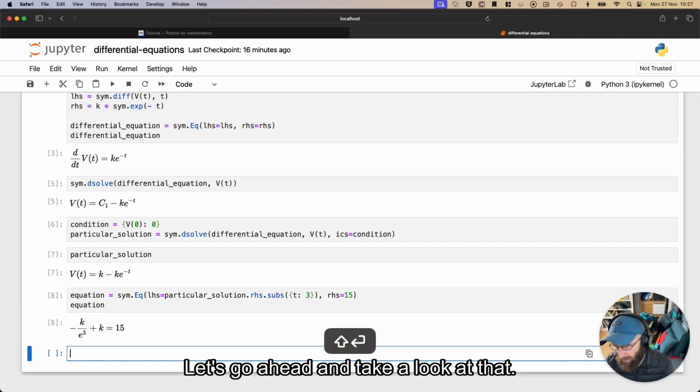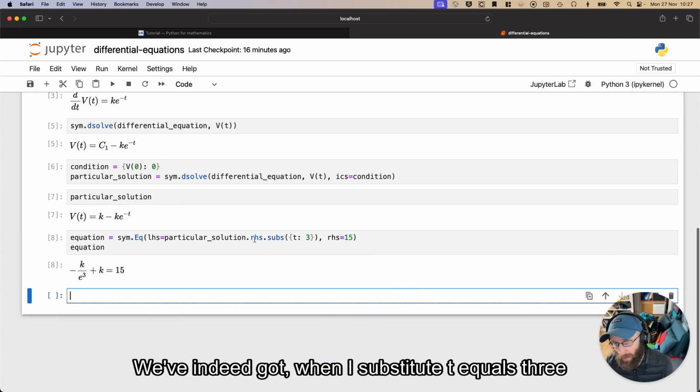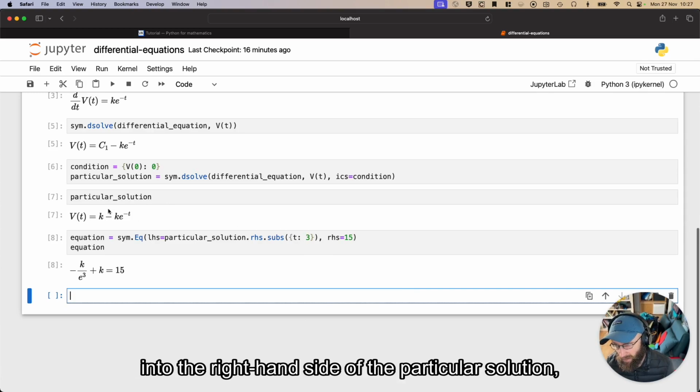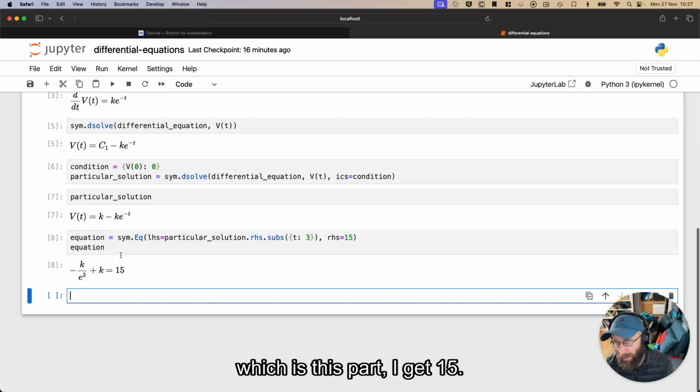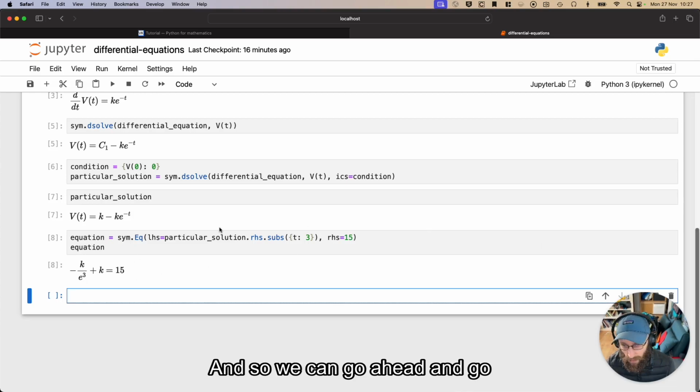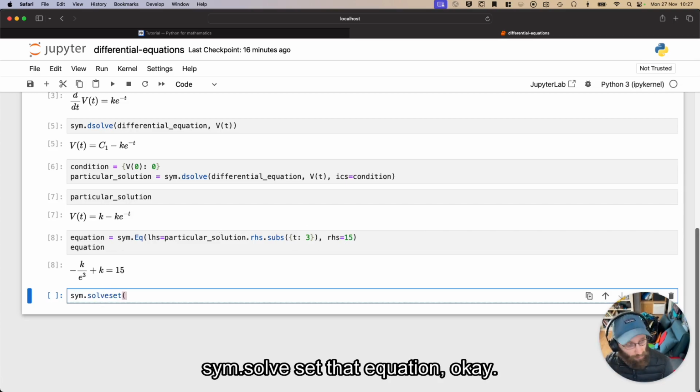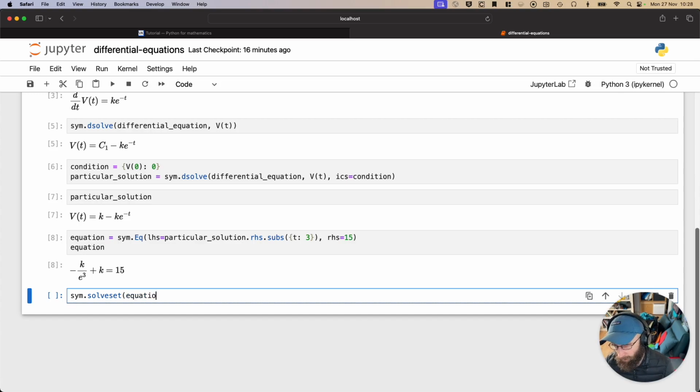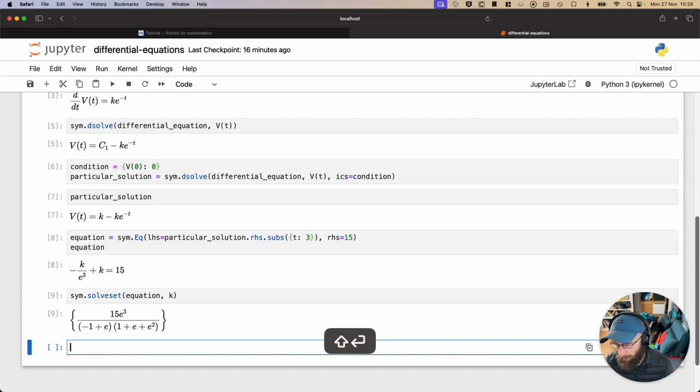Let's go ahead and take a look at that. We've indeed got, when I substitute t equals 3 into the right-hand side of the particular solution, which is this part, I get 15. And so we can go ahead and use sym.solve, set that equation for k.